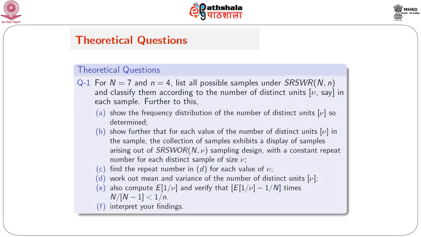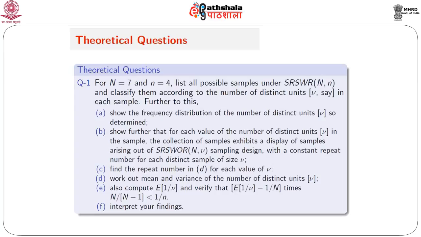To interpret this finding, these relate to the variance, and if you are careful enough, you can see they are referring to the variance of small y bar, the mean based on all units including repeats, and the variance of y bar star or y bar asterisk, which is the mean based on distinct units. And this inequality in E is heading towards establishing that the variance of y bar is larger than the variance of y bar asterisk.